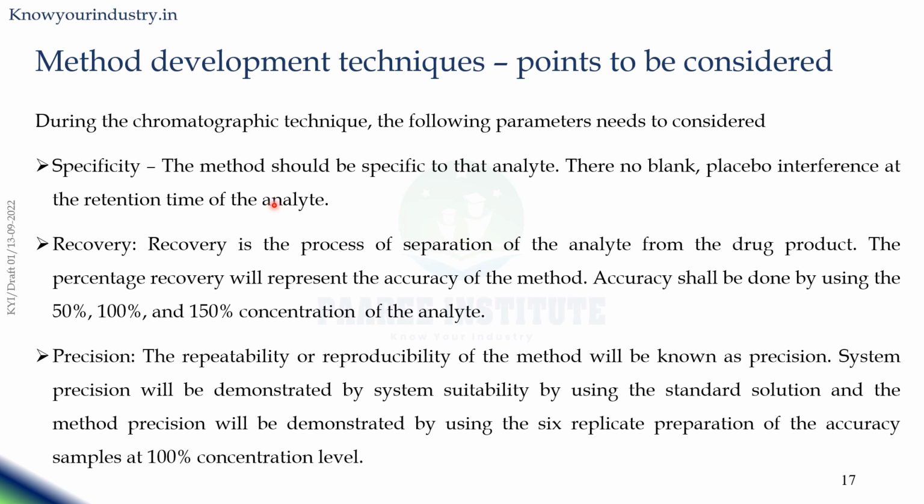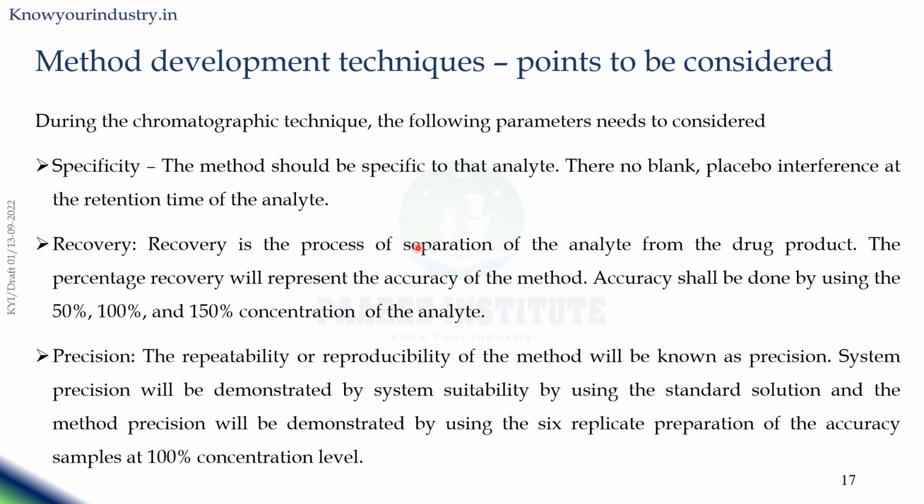So once you inject the blank, that is the diluent sample, it should not give any peak, and then you inject the standard, it should give the analyte peak. Thereby you are proving the specificity. And you give the mix of the placebo without the analyte, then also you should not get a peak.